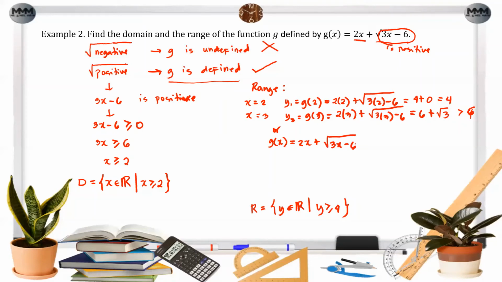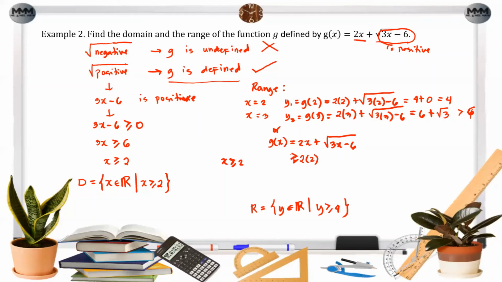This is our given function. Now take note here: because x is greater than or equal to 2, we can substitute x by 2, so it is greater than or equal.